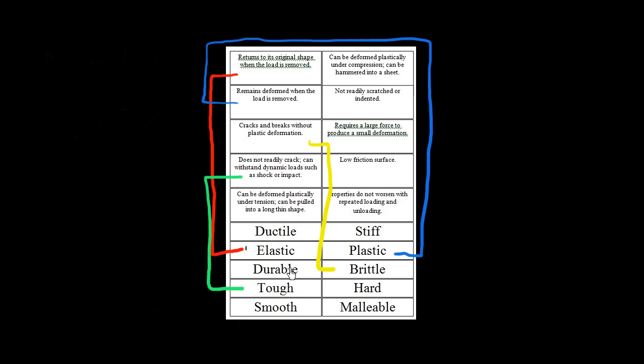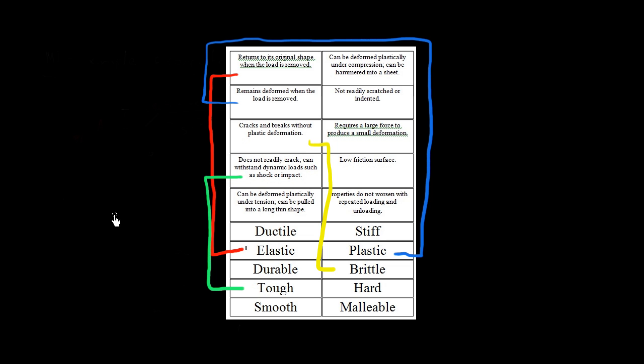Can be deformed plastically under tension and can be pulled into a long thin shape. So that's something ductile, right? If you're going to make it into a wire, you want it to be plastic because you want it to stay in that shape. Most ductile materials like copper, tungsten or whatever are metals, they deform plastically.